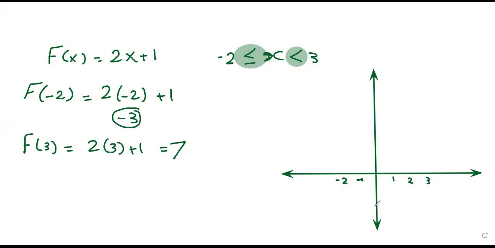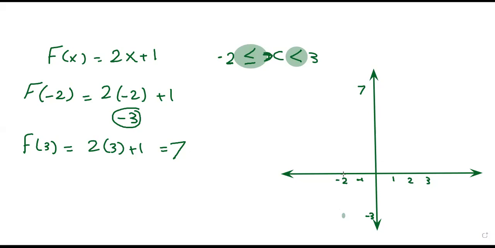We will go down to -3 here. And f of 3 is 7. We will go up till we reach 7. It's not drawn accurately, as you know. It's just an illustrative drawing.